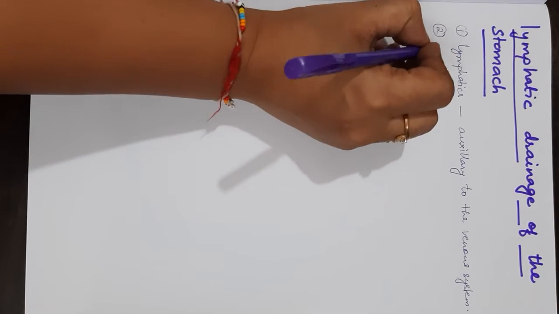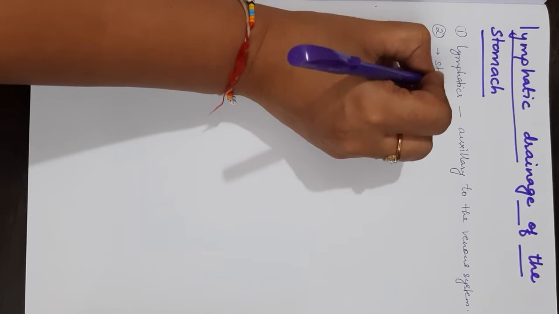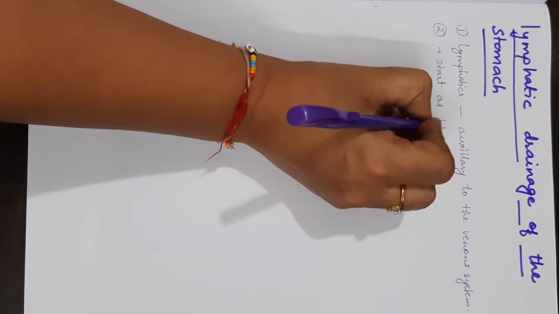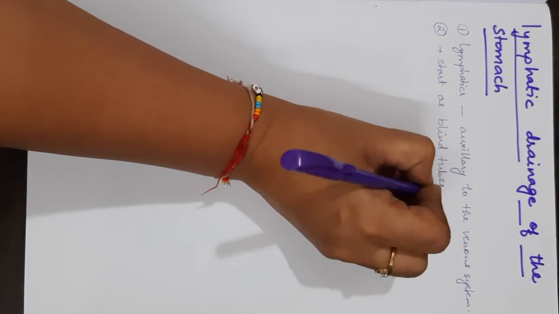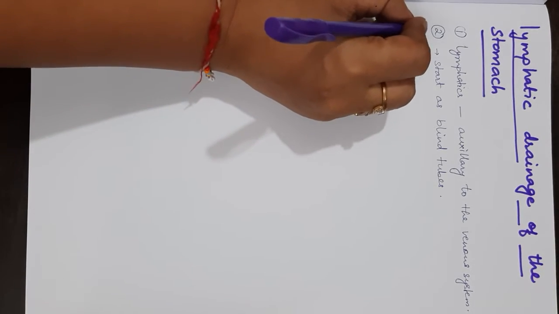Second, lymphatics everywhere in the body start as blind tubes, unlike the arteries and the veins.